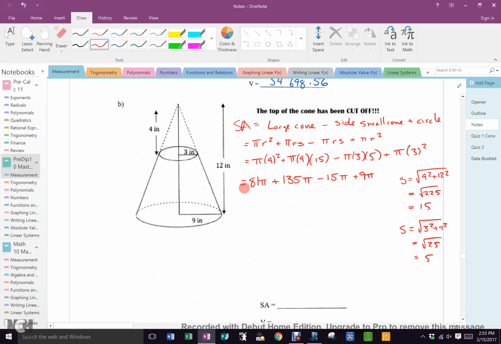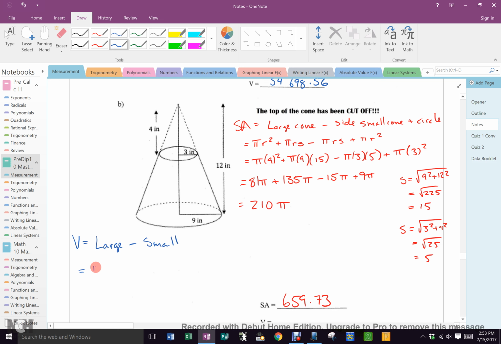Now I just add all that up. 81 plus 135 plus 9 minus 15. 210 pi, which, when you do the numbers, is 659.73. Now, when you come over here to volume, it's just large cone minus small cone.